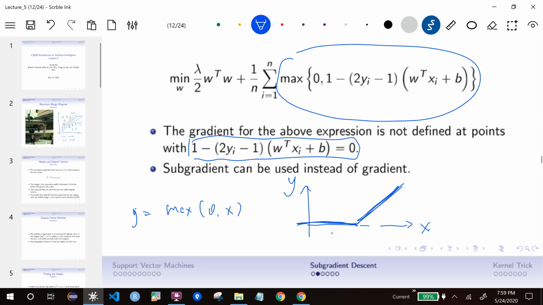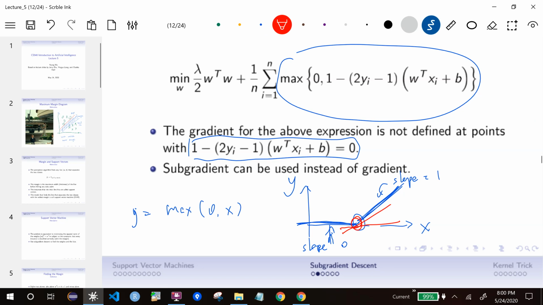When you draw it, it's this. The slope in this region is 0. The slope in this region is 1. We don't know what's happening here because there can be multiple slopes like this one, or there can be many of them.